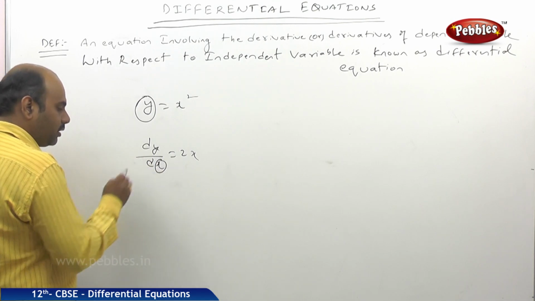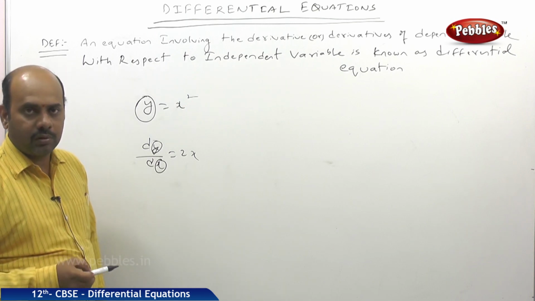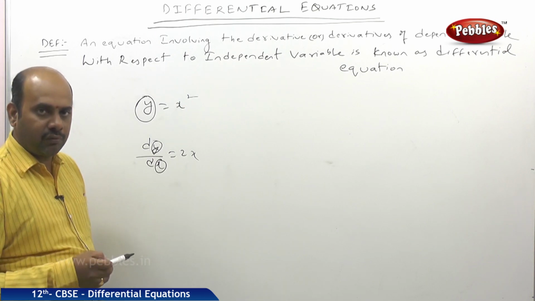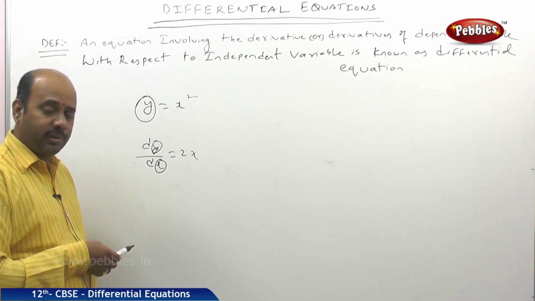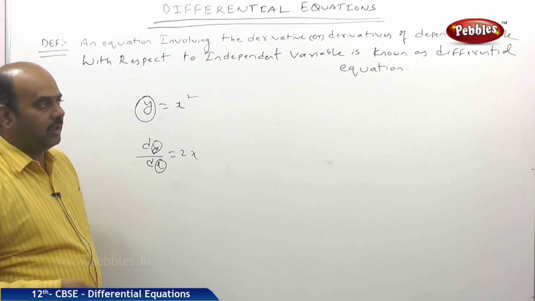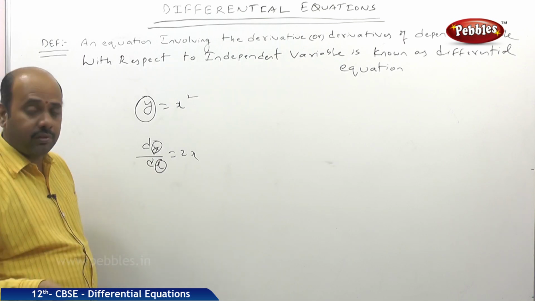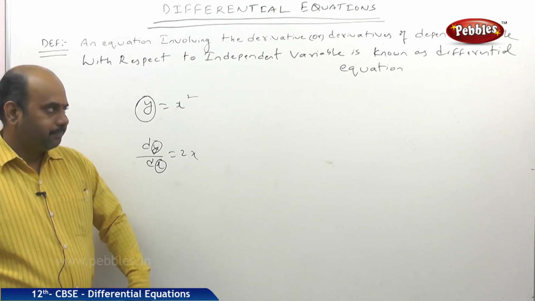This x we call the independent variable, and y we call the dependent variable. If an equation involves the derivatives of a dependent variable with respect to an independent variable, then that type of equation we call a differential equation, right?